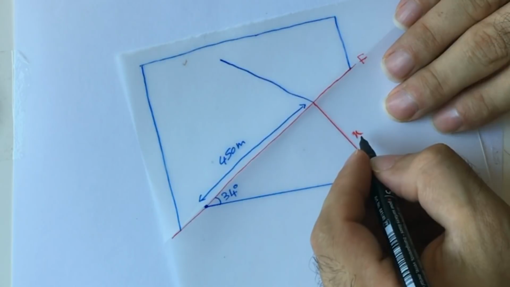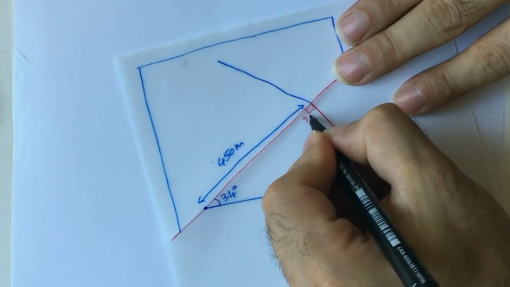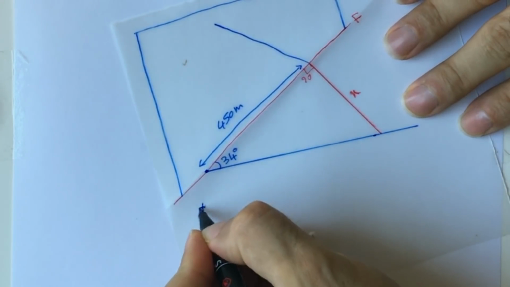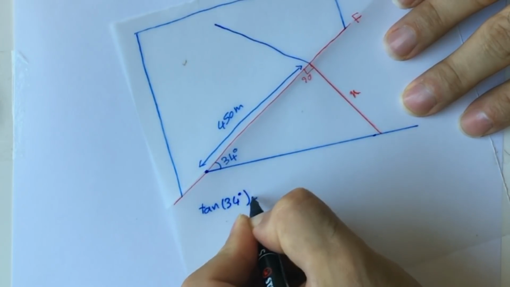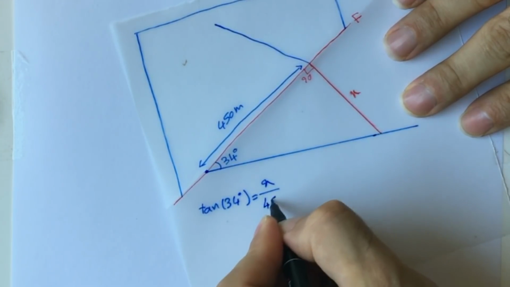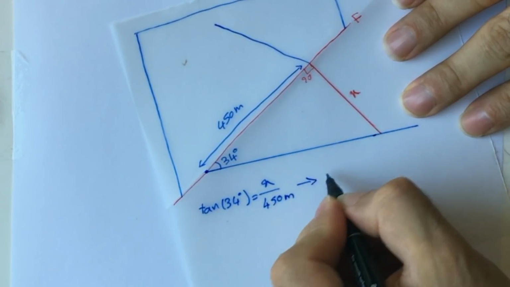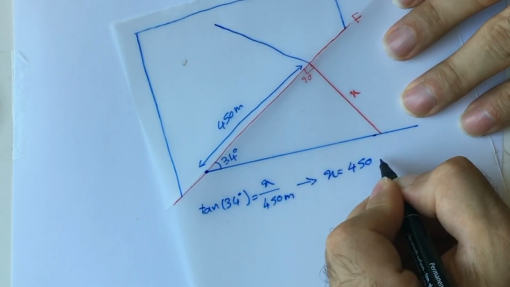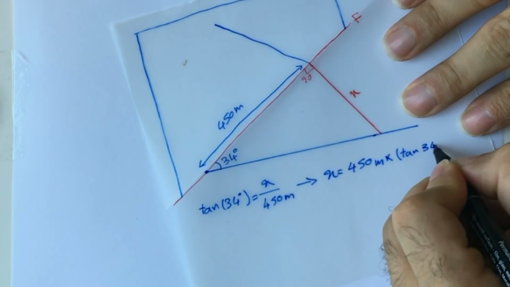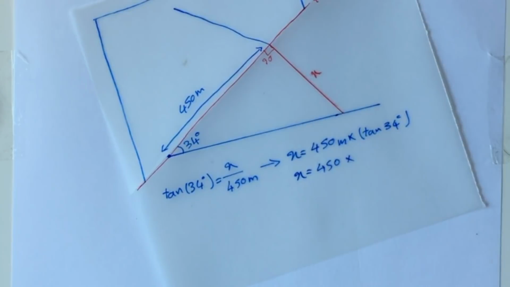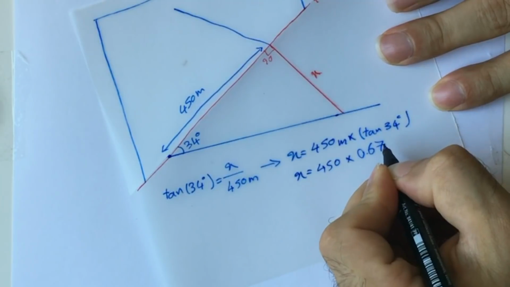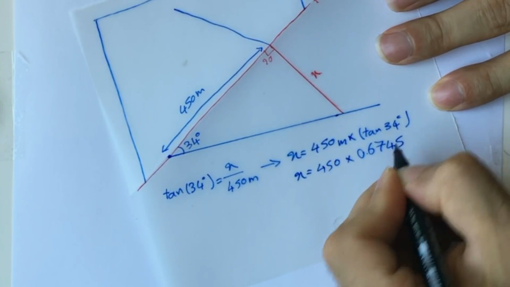To find X, I know this is 90 degrees, so you can write down tangent of 34 degrees is equal to opposite over adjacent, X over 450 meters. So X is equal to 450 meters multiplied by tangent 34 degrees. Tangent 34 is 0.6745.